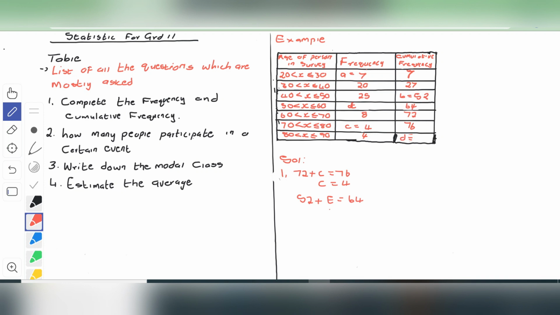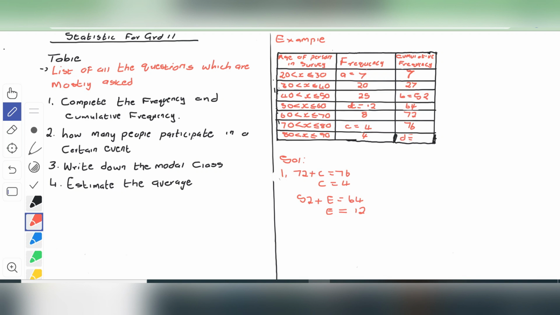Therefore our E is 64 minus 52, which is going to give us 12. You see how we solve for frequency whenever we're given the cumulative frequency. So this is how we solve it, guys.